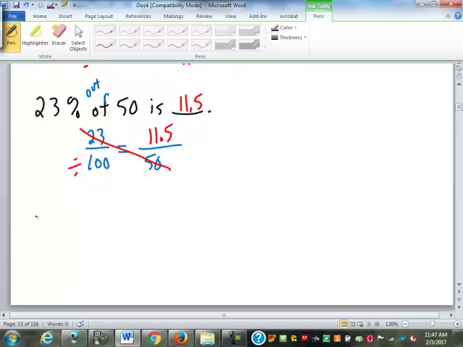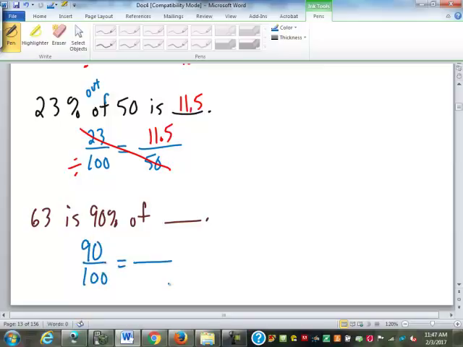So let's look at one like this. Let's say that we have 63 is 90% of blank. Well, we're missing some different information now, but we still have the percent. So we're going to start out, 90% is 90 out of 100. This time, however, 63 is 90%, so that implies the 63 goes with the 90 of blank.